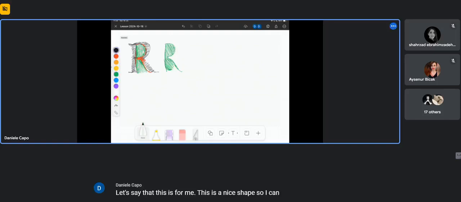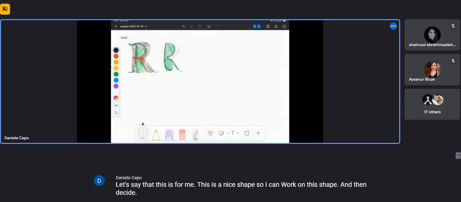So I can work on this shape and then decide how the rest of the letter should follow.